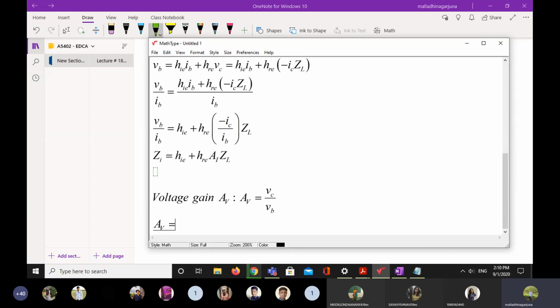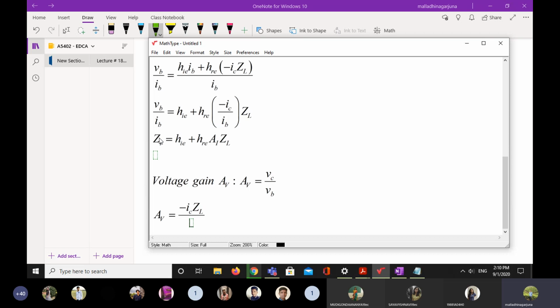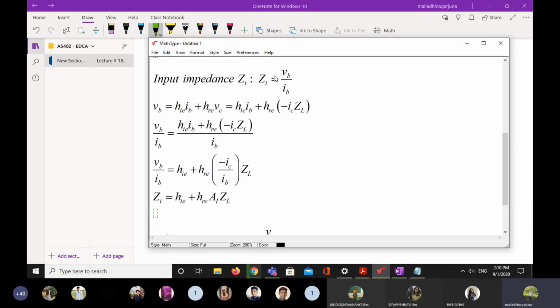So AV equal to VC by VB. VC is IC into ZL. And what is VB? VB is equal to IB into ZI only, right? VB equal to ZI into IB.